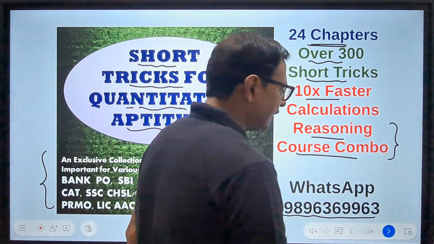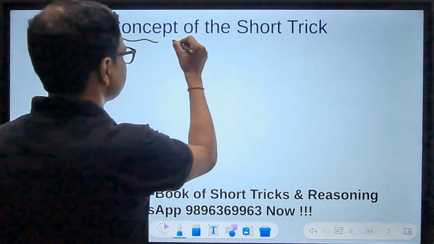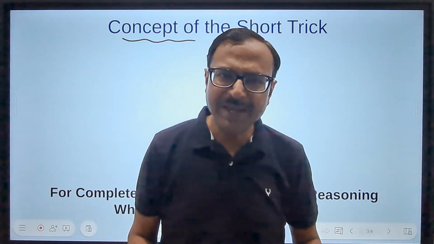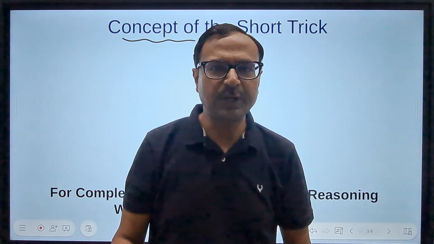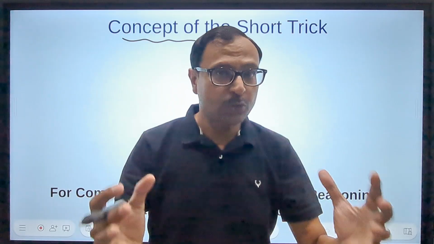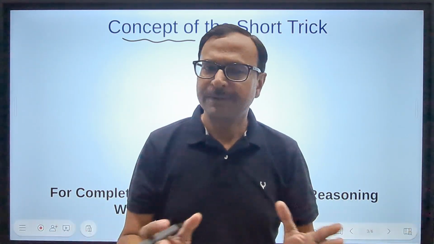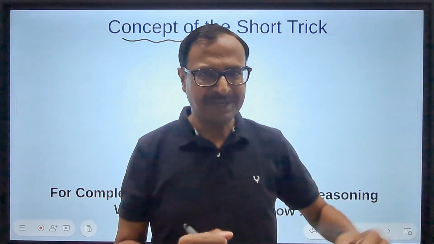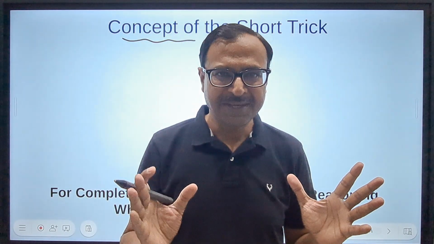Now let's come to the concept of the trick which I am going to tell you. Square roots, right? So when we have square roots, there are some basic things we need to understand before we get into the questions. Perfect squares or not a perfect square? That is one thing.